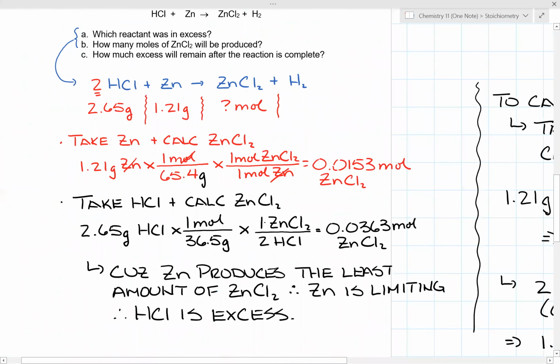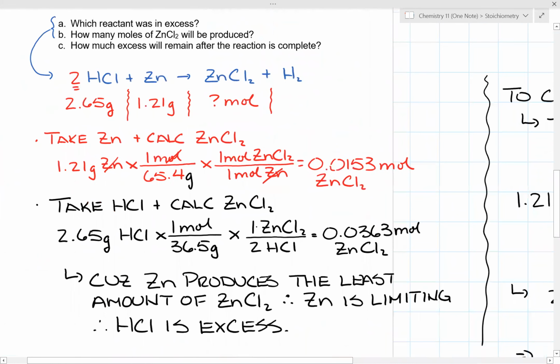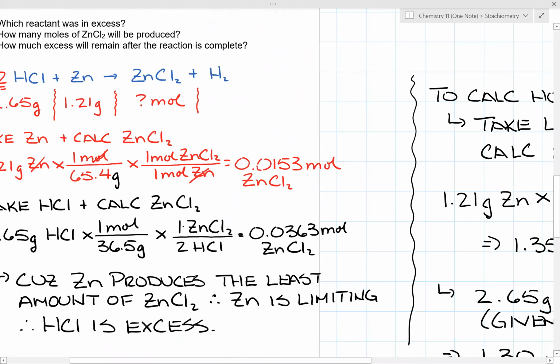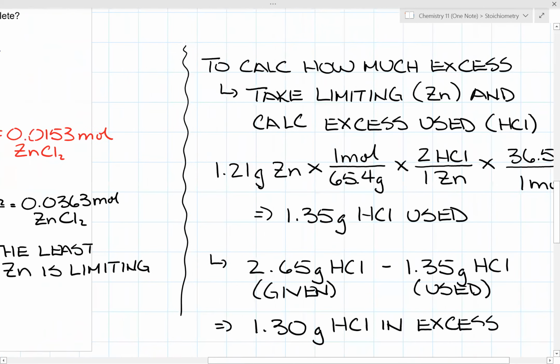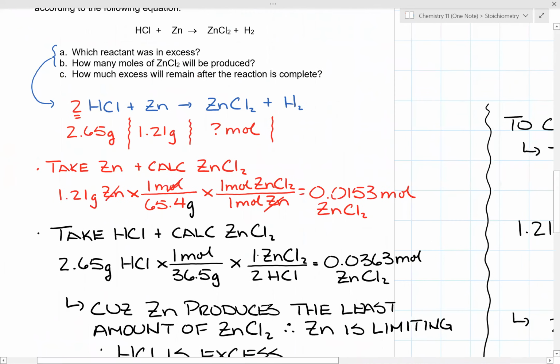So in this first half, I answered A and B together, and then I answered C. Now, some of you might say, well, Mr. Chan, you asked how many moles of zinc chloride will be produced. What if I asked for grams or concentration or something like that?